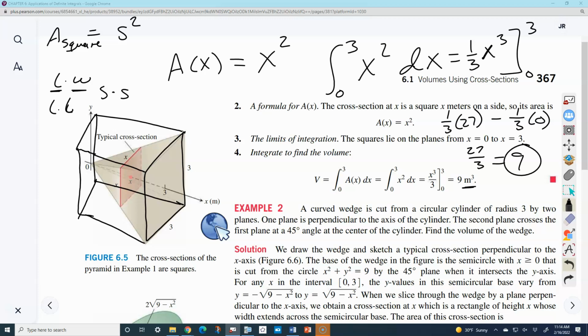It would be the area of that square times the extension. It would be length times width times depth, I guess you could say. And the depth here is also 3. So it's 3 times 3 times 3, which is 27.